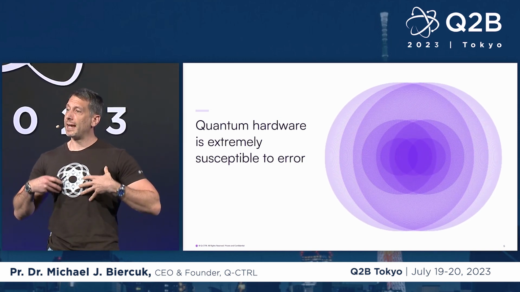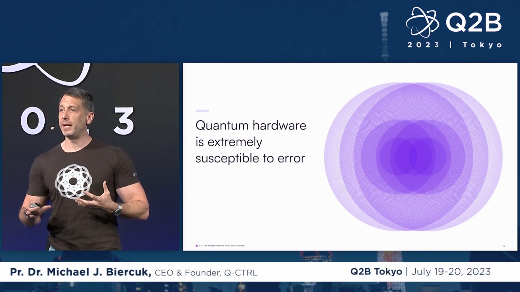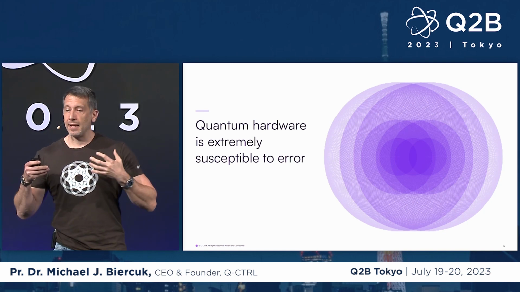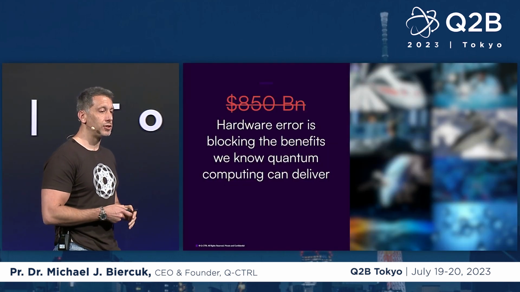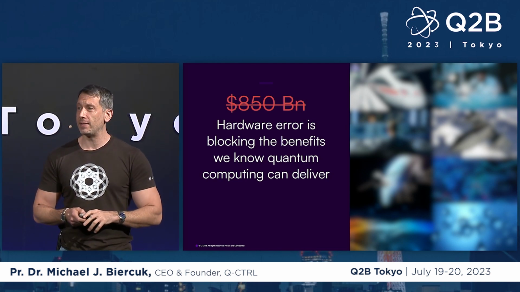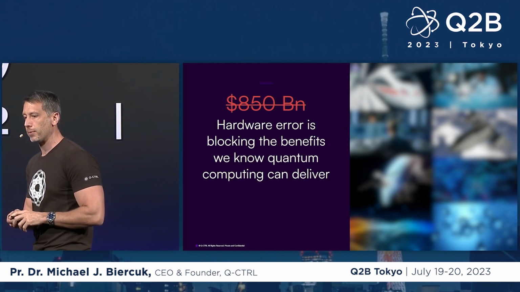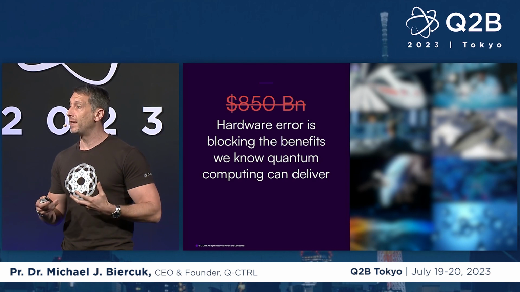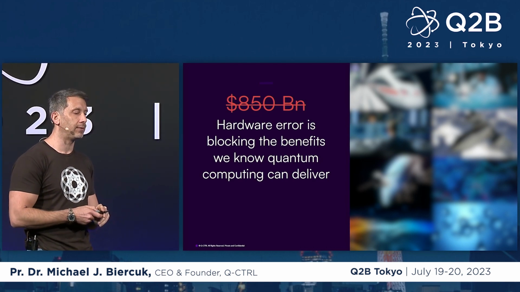That when we put information into a quantum system, over time, that information is randomized. It is lost. And that randomization of information results in computational errors. That is the one problem that is preventing all of you from having a share today in that $850 billion opportunity. Hardware error is blocking all of the benefits that we know these systems can, in principle, deliver.